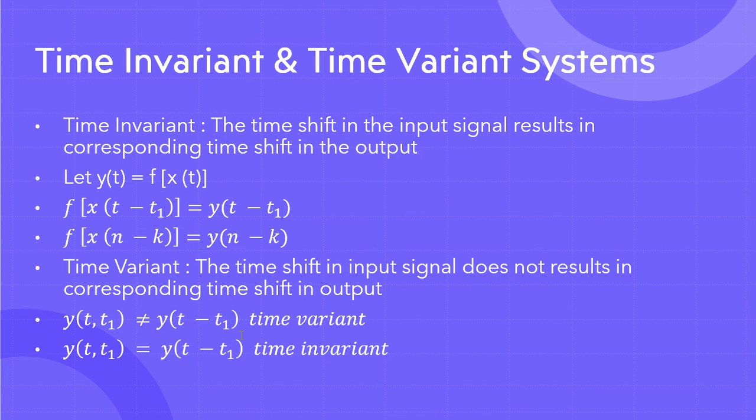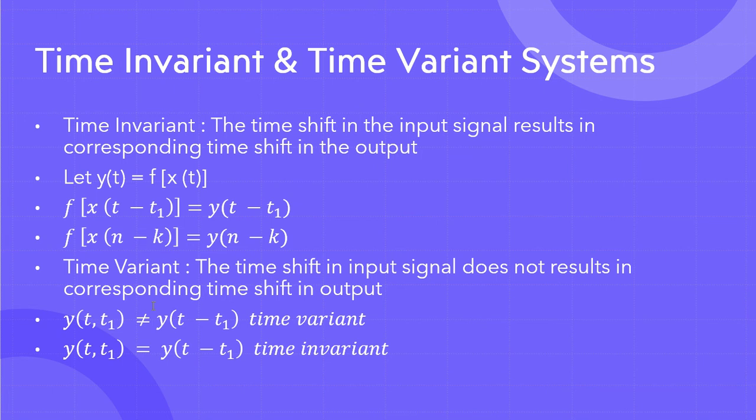Then my system is called time variant, right? See here in the example, I have given a t1 delay to my signal, and I'm not getting any delay, which means y of t comma t1 does not equal y of t minus t1, right? That makes my system a time variant system.